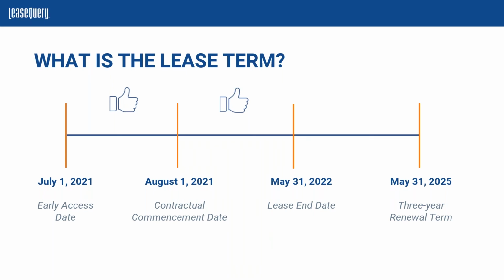However, when we're evaluating what's actually provided in the background detail, the period from the lease end date, May 31st of 2022, to the maximum renewal period, May 31st of 2025, that's actually not going to be included as a part of our lease term. So it is important to factor that in as a part of the evaluation of it being considered a short-term lease, but it isn't going to be factored into the full lease term.